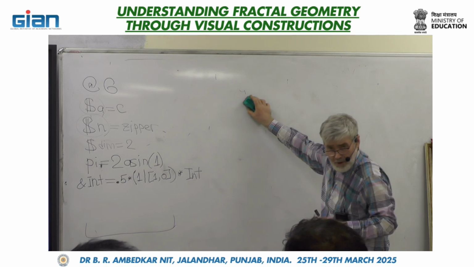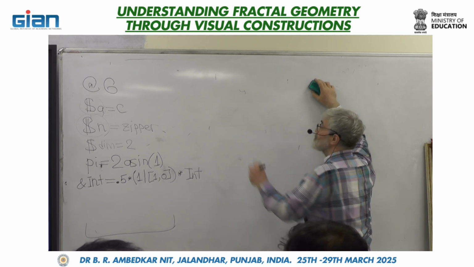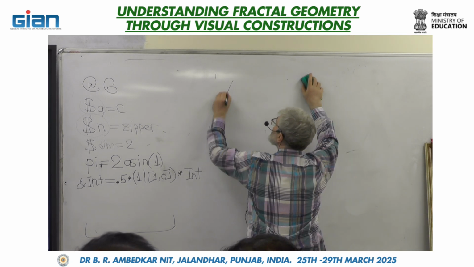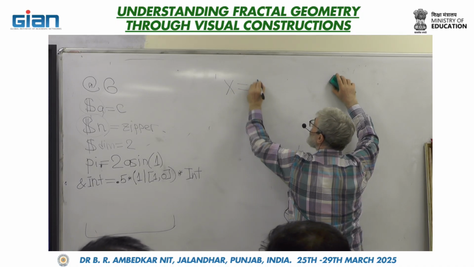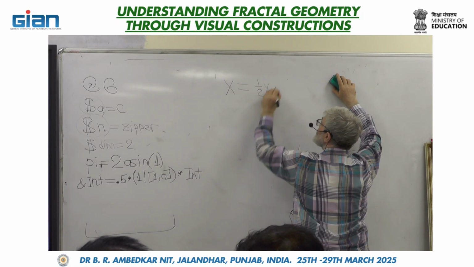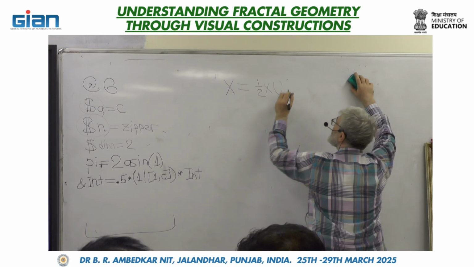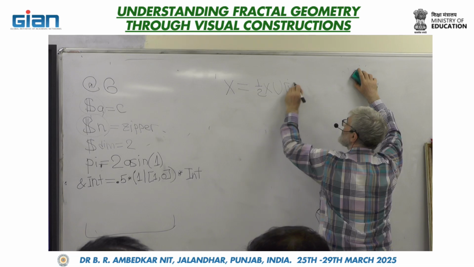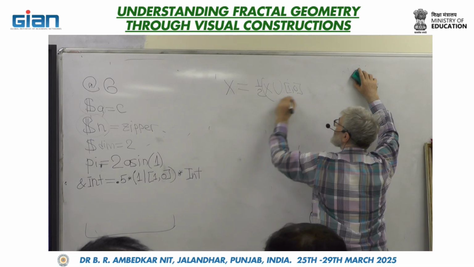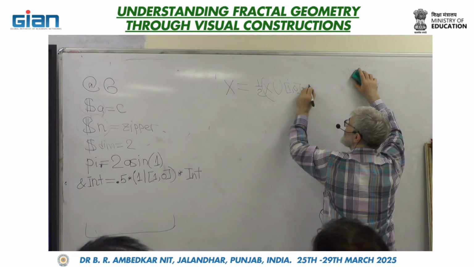Do I need to explain it? So you see that x is 1/2 of x union 1/0 multiplied by x, right?